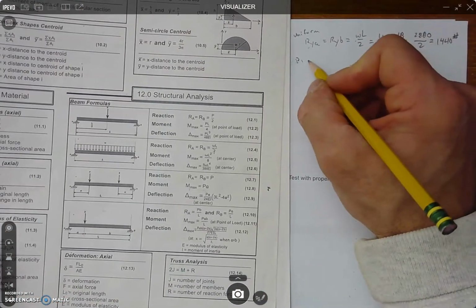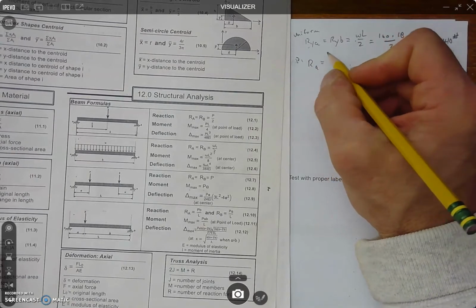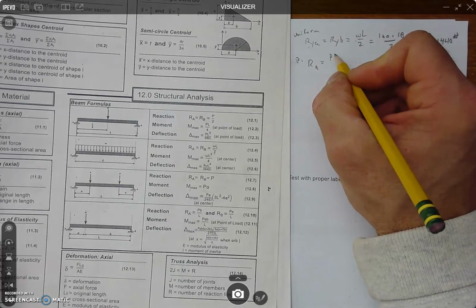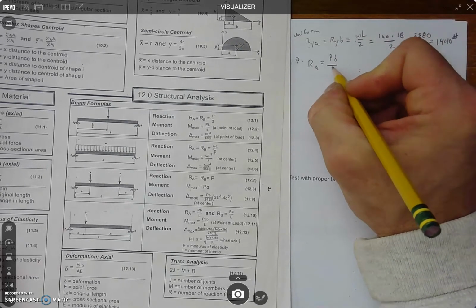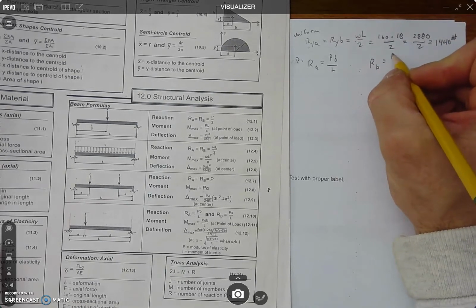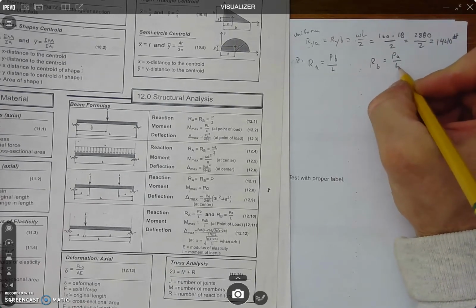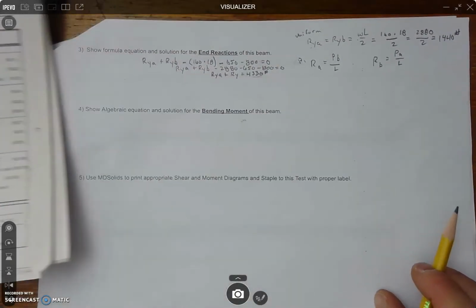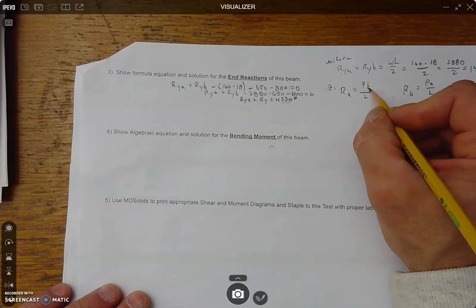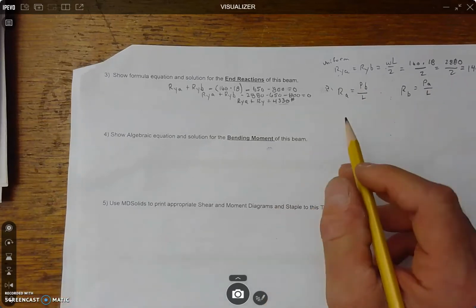So I'm going to go ahead and write these formulas on here. So we say RA equals PB over L. And RB equals PA over L. Okay? So if we do this, P is our load, B is the distance.